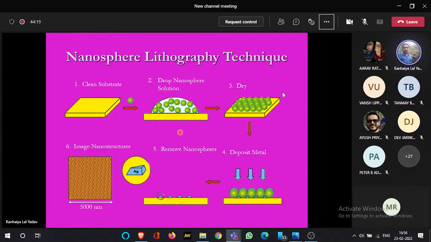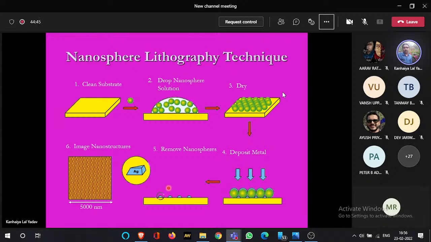It is the same thing here. You take a clean substrate, then drop nanospheres there with some liquid. Then the liquid dries up, and you get this type of structure. Now from the top, you spray some material, which passes through this structure. You remove these balls, and you get this structure.